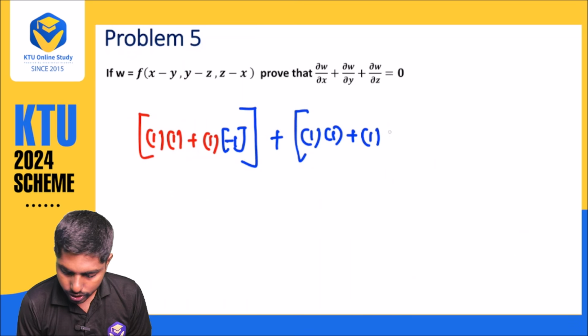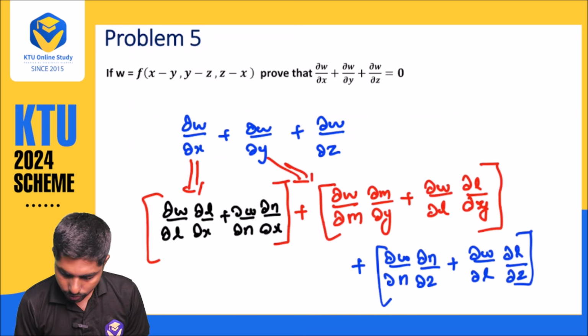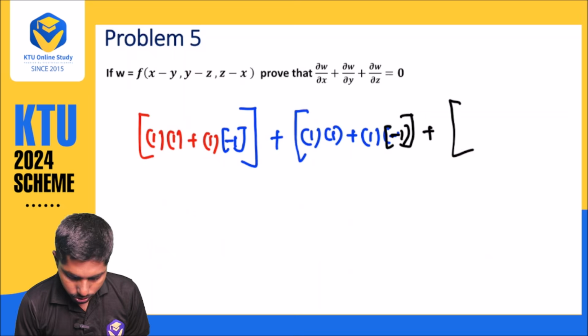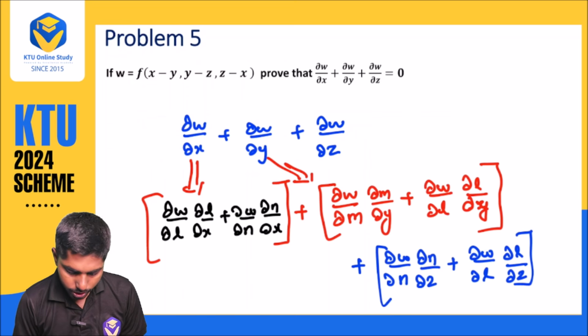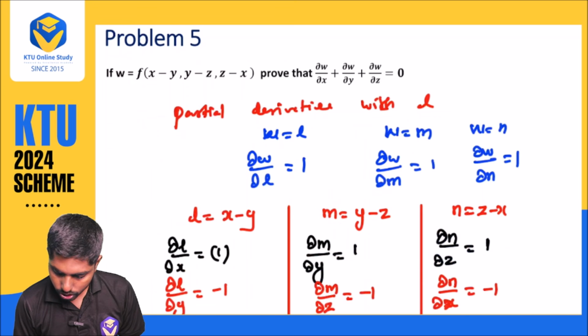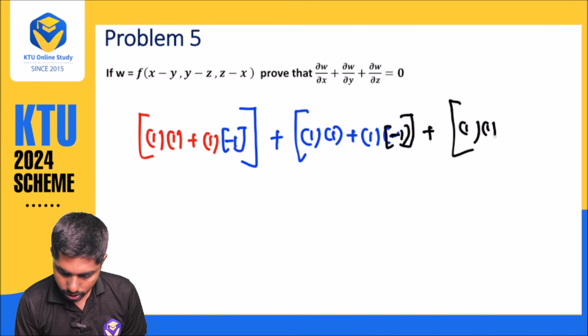So we are getting 1 into minus 1, so minus 1, plus, here also we will be getting 1 into ∂N/∂Z. ∂N/∂Z is 1. So here we are getting 1.